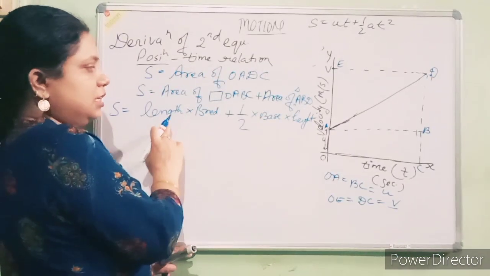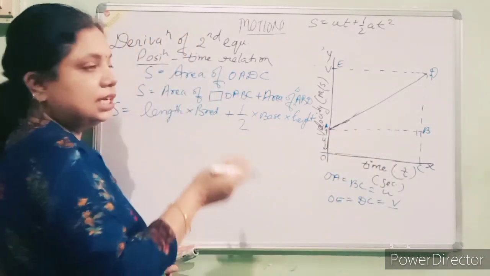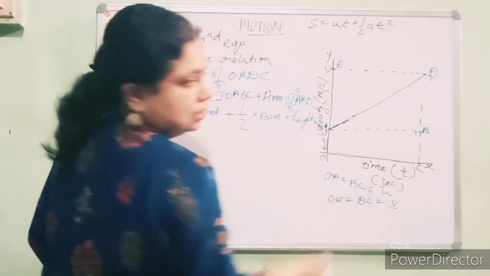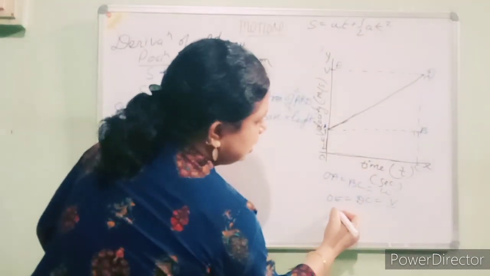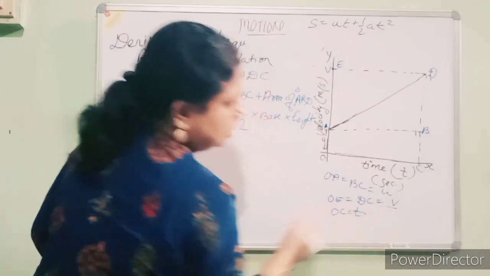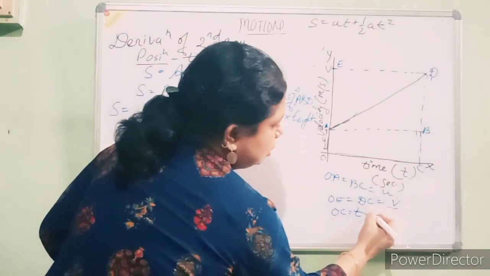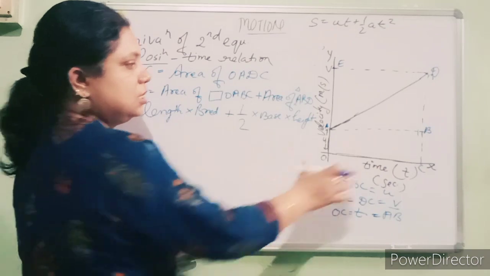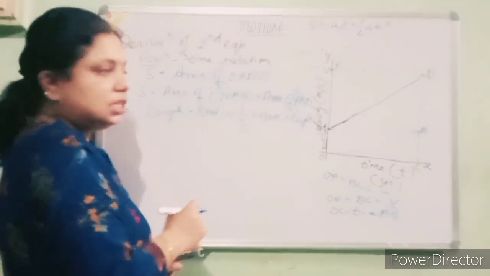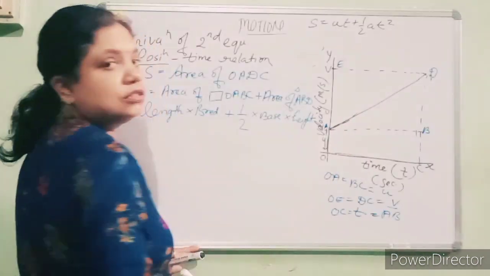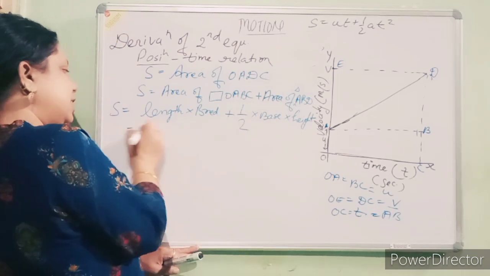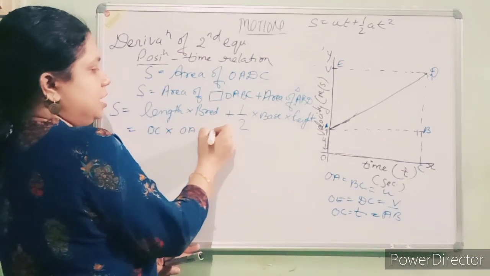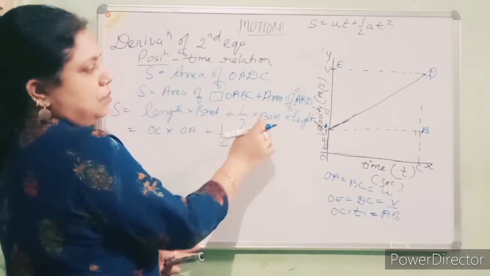The length of the rectangle is T, so OC is equal to T. This OC is also equal to AB. OC is T, which is the length, and the breadth is OA.